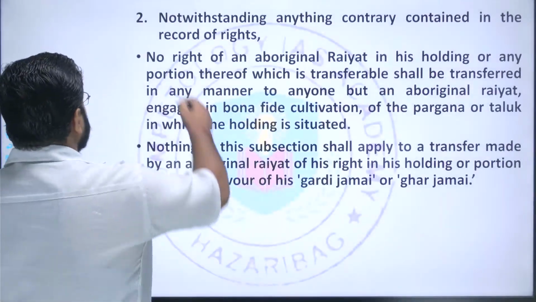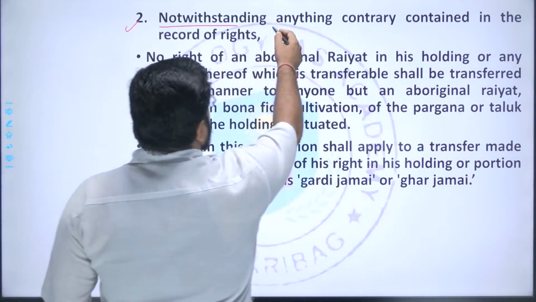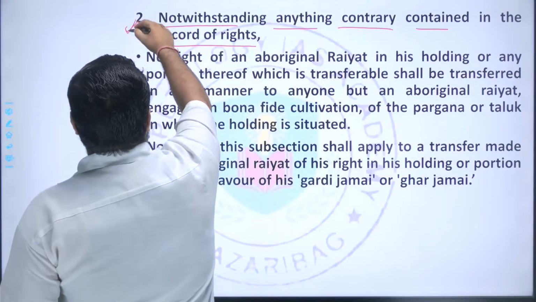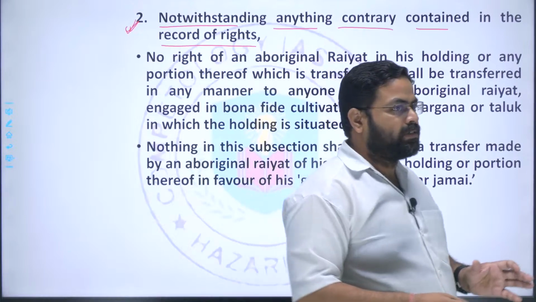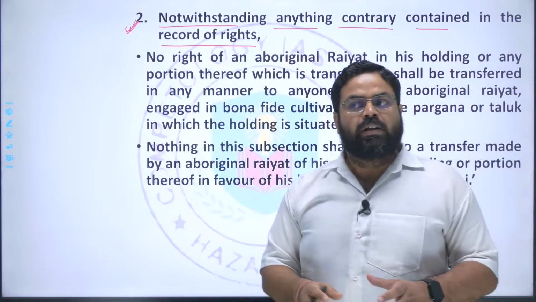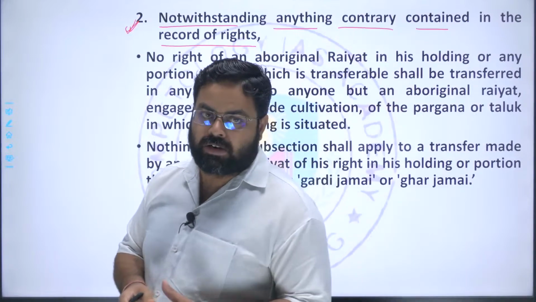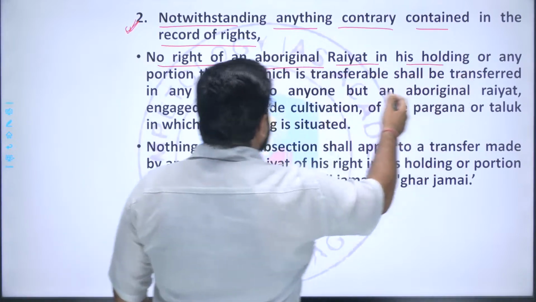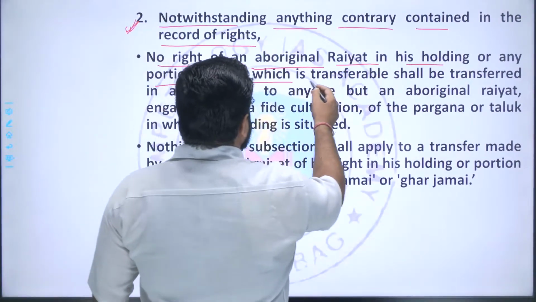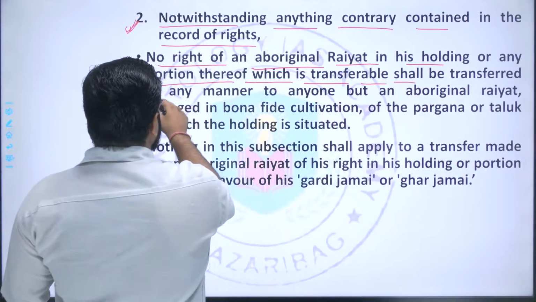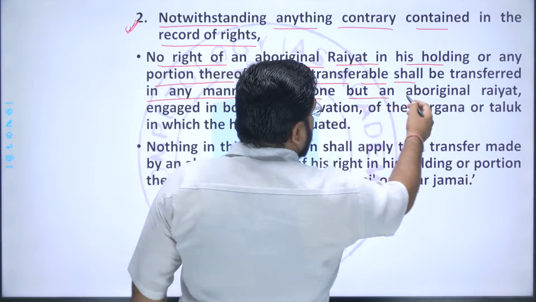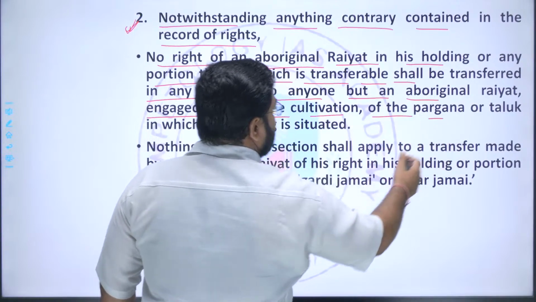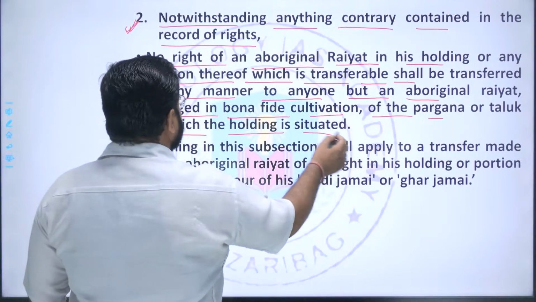Now the next subsection says that notwithstanding anything contrary contained in the record of rights, right? So whatever is written in the record of rights, whether it is mentioned that he can transfer his land or not, here no right of an aboriginal rayat in his holding or any portion thereof which is transferable shall be transferred in any manner to anyone but an aboriginal rayat engaged in bona fide cultivation of the Pargana or Taluka in which the holding is situated.